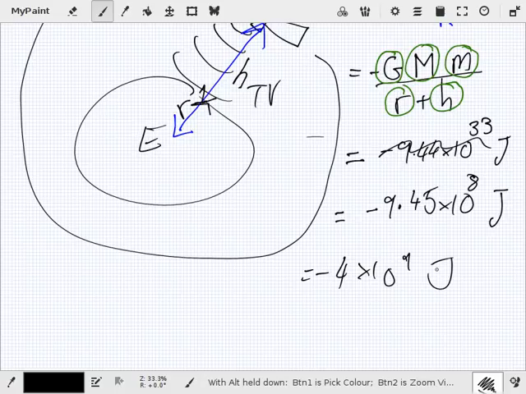Oh, sorry, my mistake again. What am I typing in differently? Minus 6.67 times 10 to the minus 11 times 5.97 times 10 to the power 24 times 100, over 6371000 plus 3578600.